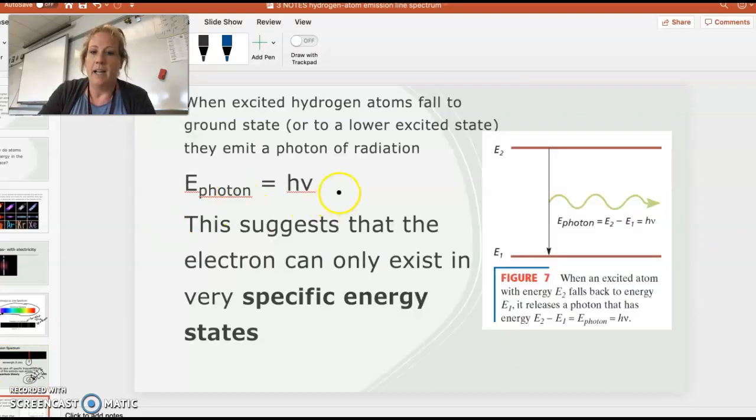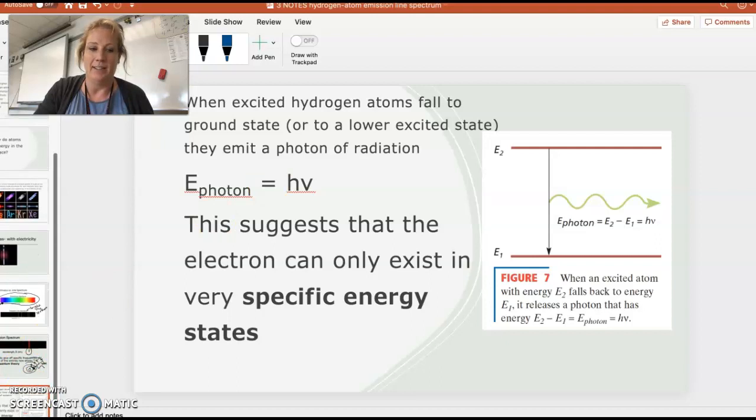And this is not an equation that you need to know, but this is a way to think about it. So the energy that's either absorbed or released by the electron is some whole number multiple of this equation. So it's quantized, which we're going to talk a lot more about, but it's kind of a weird thing.